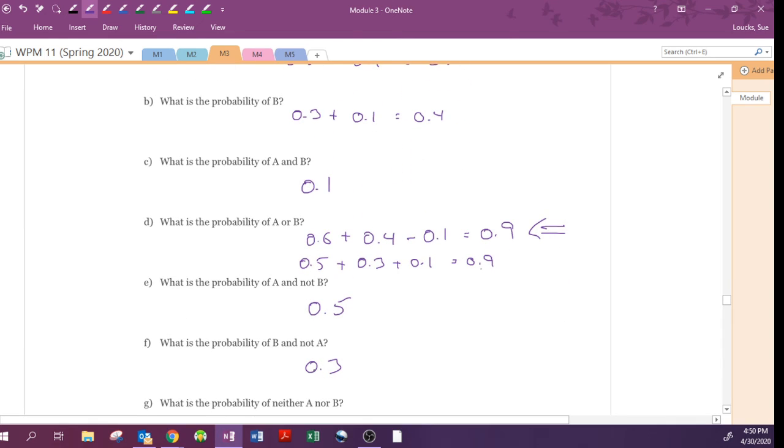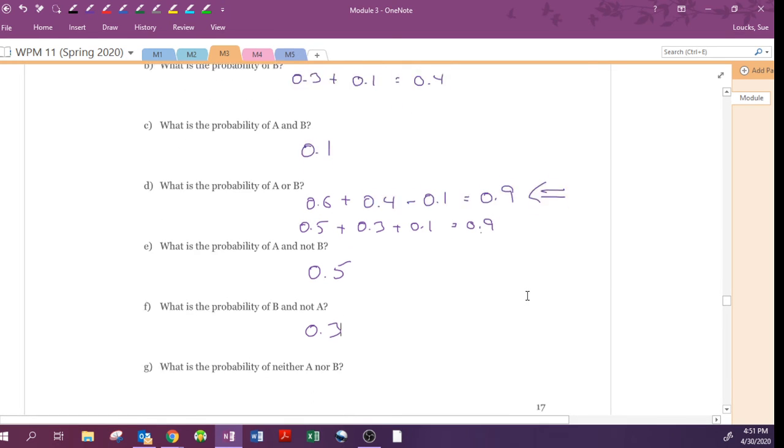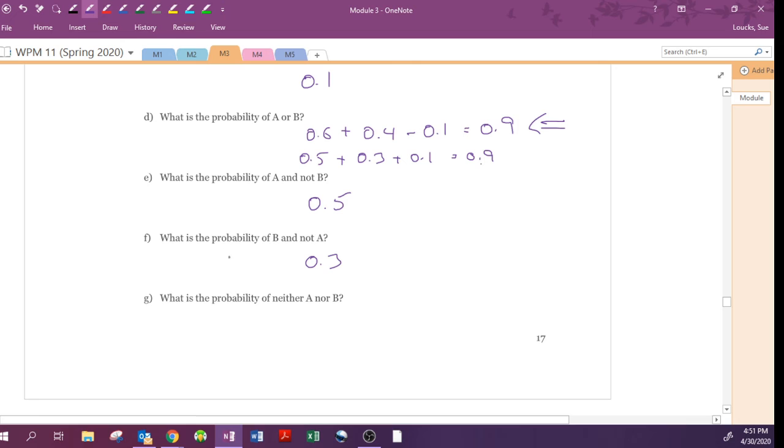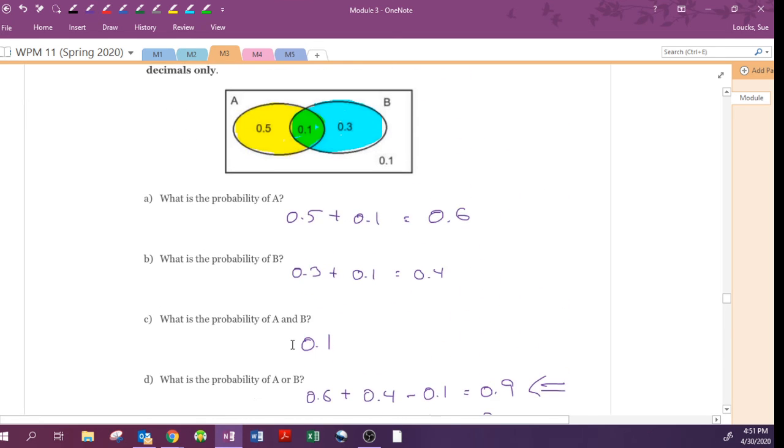And the probability of neither A nor B, well, there's two ways we can calculate it. We can go that it's not A or B, so it's going to be 1 minus 0.9 because we had 0.9 as the probability of one of them happening. So that equals 0.1. We can also just go up to the drawing and see that there's a 0.1 right here, which is neither of them happens. Okay?